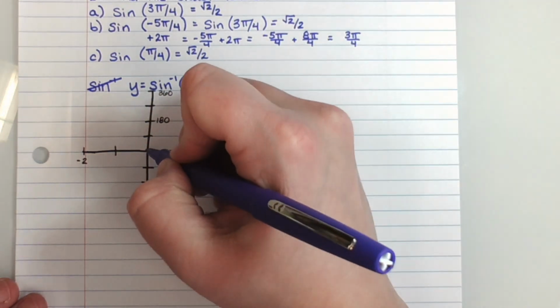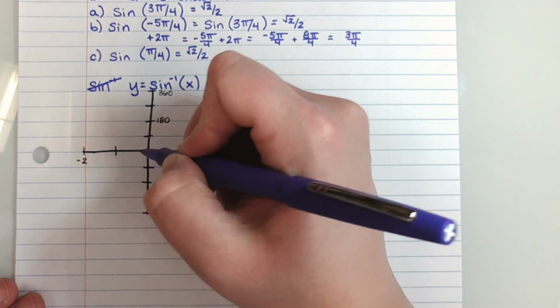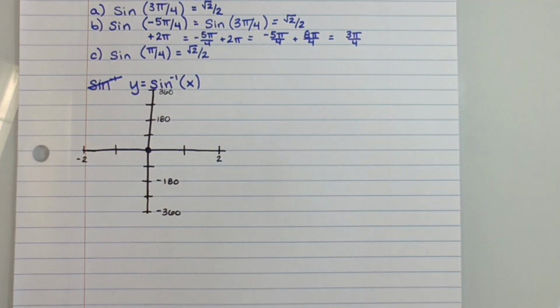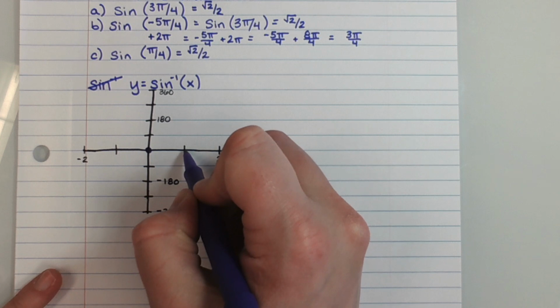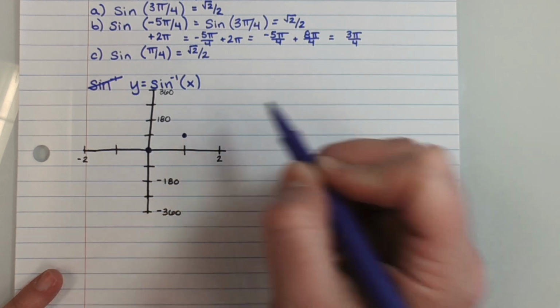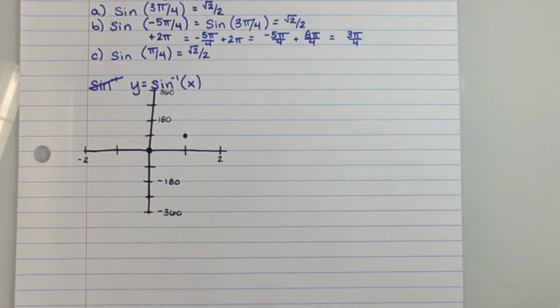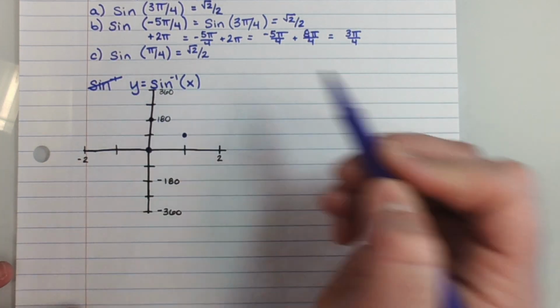Sine inverse of 0 is 0. Sine inverse of 1 would be 90. Sine inverse of 180 would be 0.